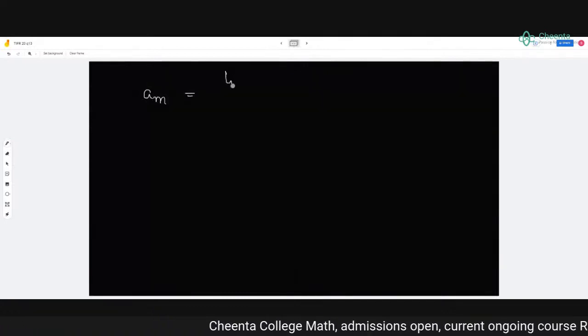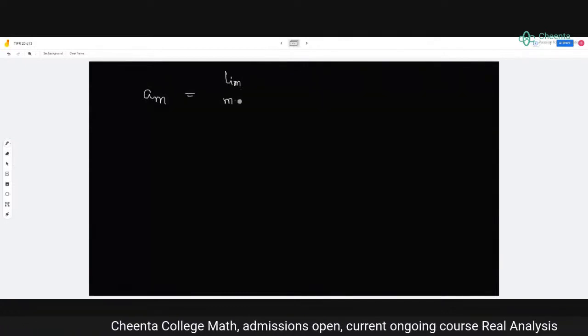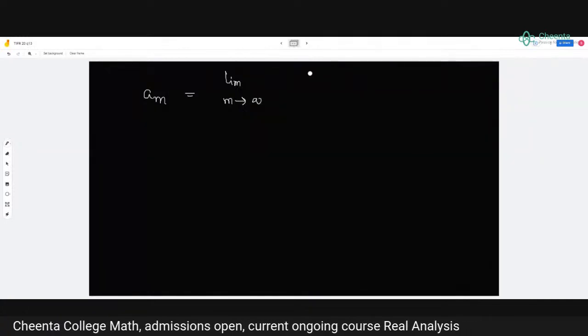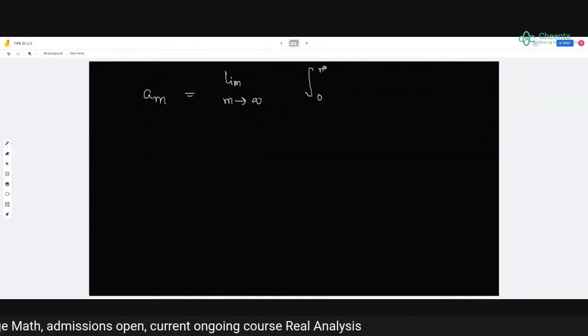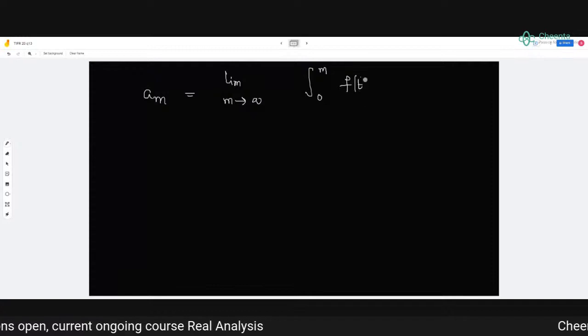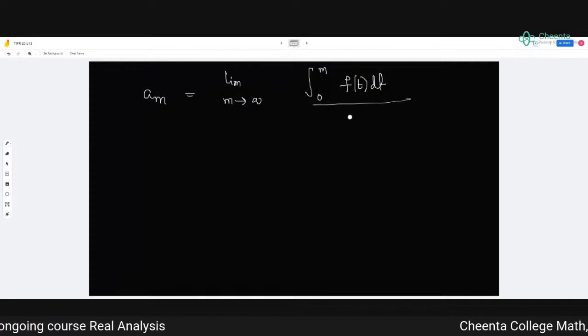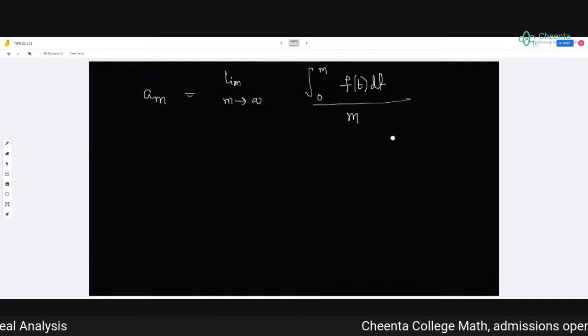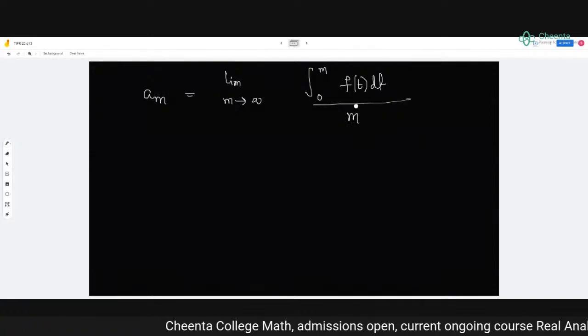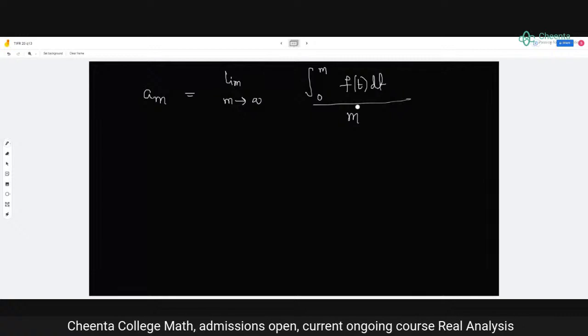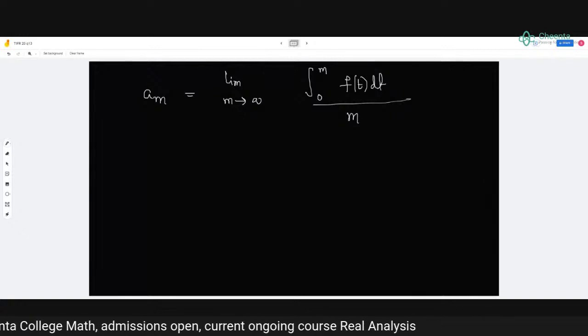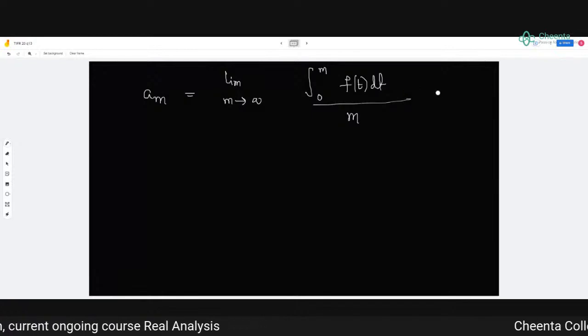So what has been given? E_m is the limit as m tends to infinity of the integral over 0 to m of f of t dt, divided by m. Now if I want to use the L'Hospital rule, what is the thing that we want? We want an infinity by infinity or 0 by 0 form.